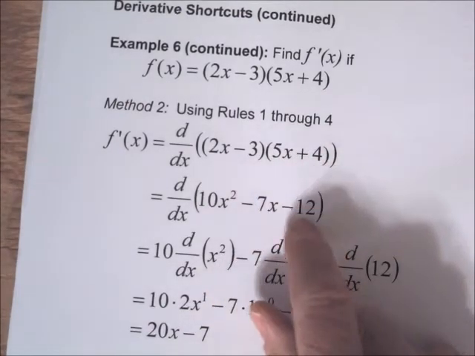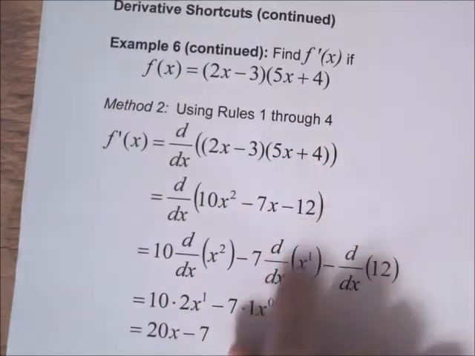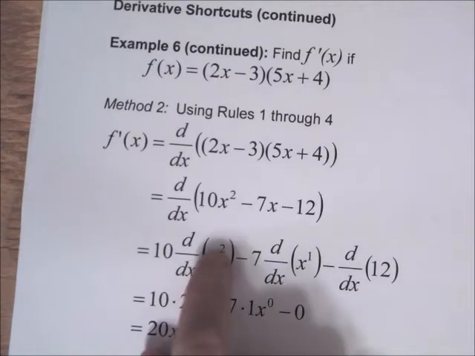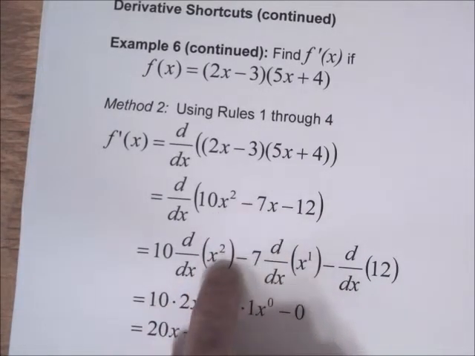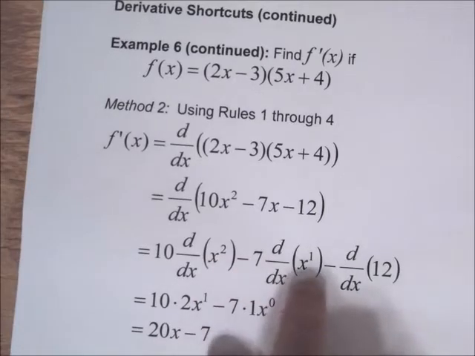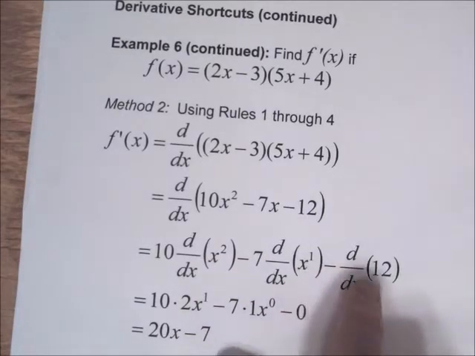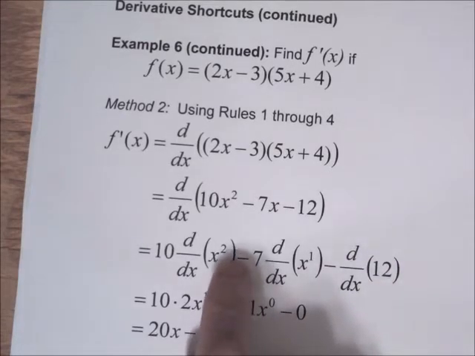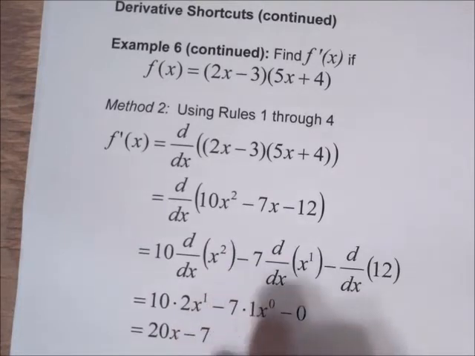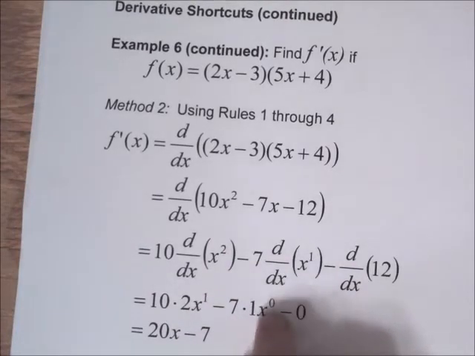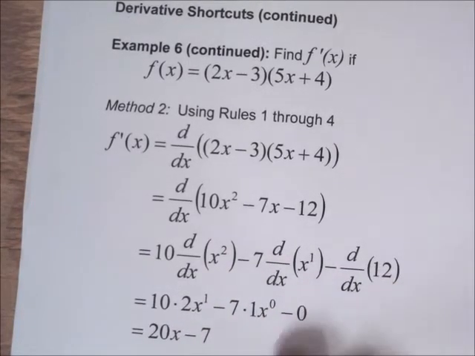Last times last, negative 3 times 4, is negative 12. And then take the derivative of each term separately. So this is going to be 10 times the derivative of x squared, minus 7 times the derivative of x, minus the derivative of 12. The derivative of x squared is 2x to the first. The derivative of x to the first is 1x to the 0. The derivative of a constant is 0.